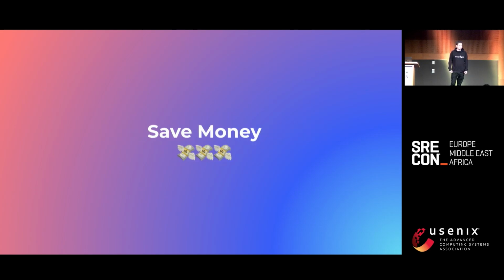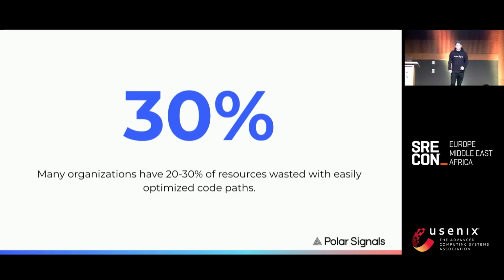But you also want to save money on your infrastructure, and it turns out that organizations can save up to 30% of their resources if they just looked more into their programs and what they're doing using, for example, profiling. Saving 30% of CPU is quite something oftentimes, right?